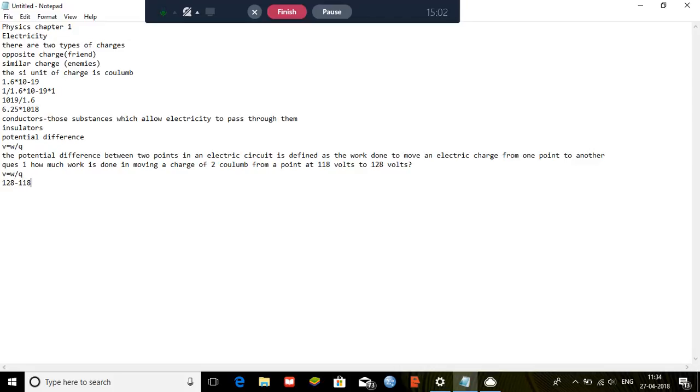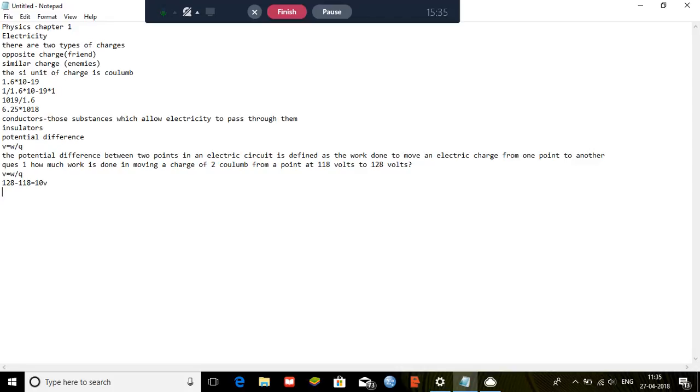Why do we subtract? Because the point we start from is at 118 volt and the point we reach is at 128 volt, so the potential difference is the difference between those 2 points. If you have not understood, I'll leave a link in the description. So the potential difference would be 10 volts.